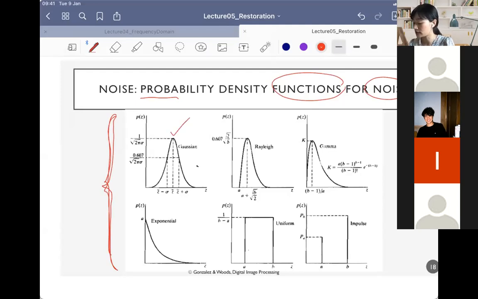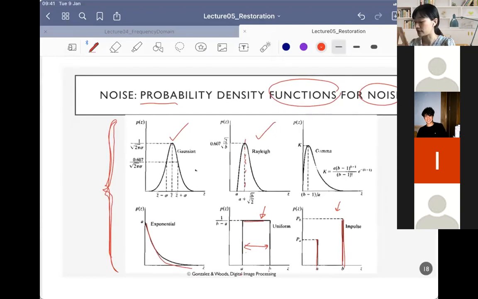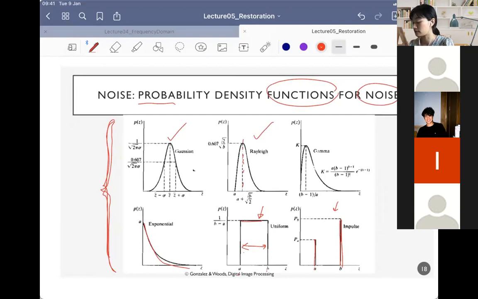It could be Gaussian or Rayleigh, and in this one the mean value is a little dark, or it could be uniform, so the noise could be any color from A to B with the same probabilities, or it could be pepper and salt, I think this one is, but with different probabilities, or it could be exponential. There are some examples in textbooks, so you can generate noise using different distributions.